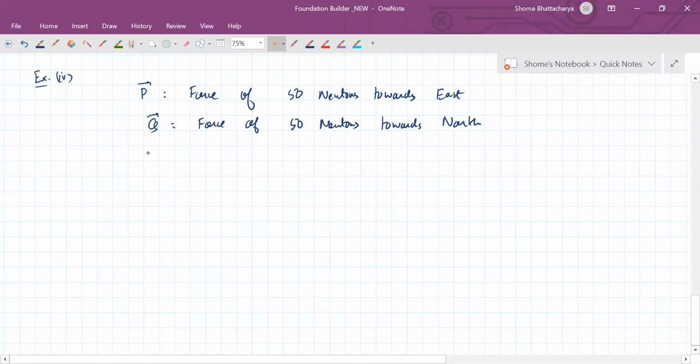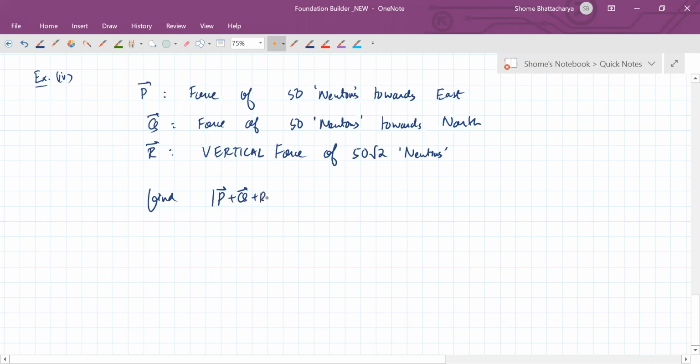And R is a vertical force of 50 root 2 newtons magnitude. So find the magnitude of P plus Q plus R. Very simple question. Should be almost oral for you.